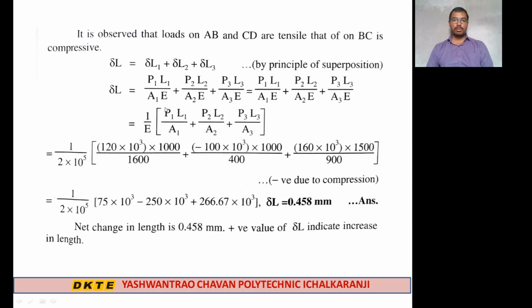Tensile loads are put as positive and compressive loads as negative. The total change in length is 0.458 millimeter. That indicates there is an increase in length.